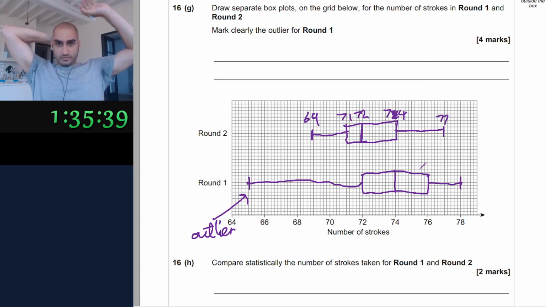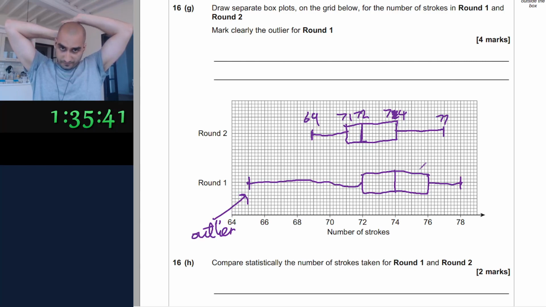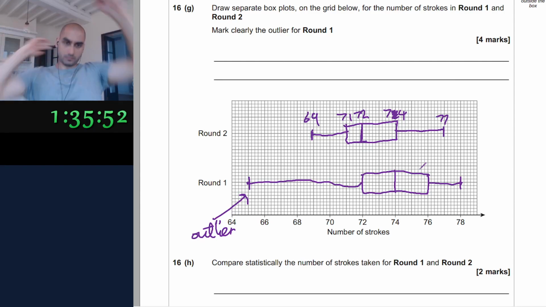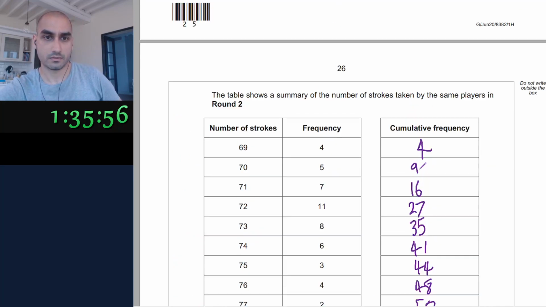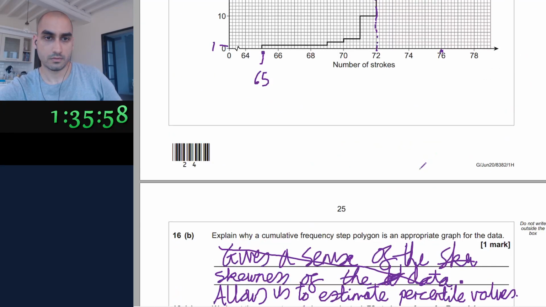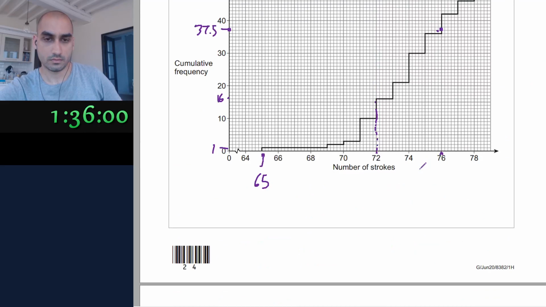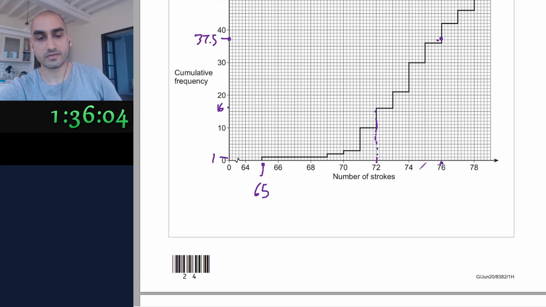So if we discard 64, what happens? So 65.